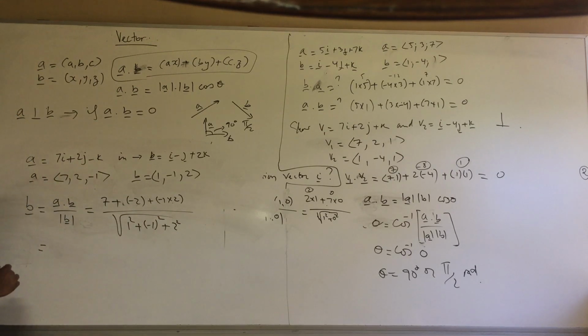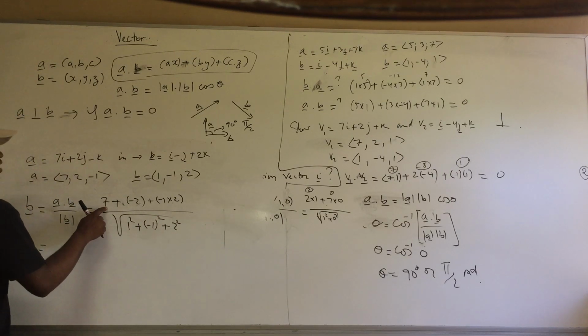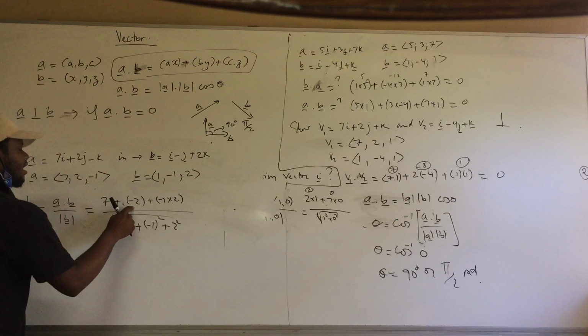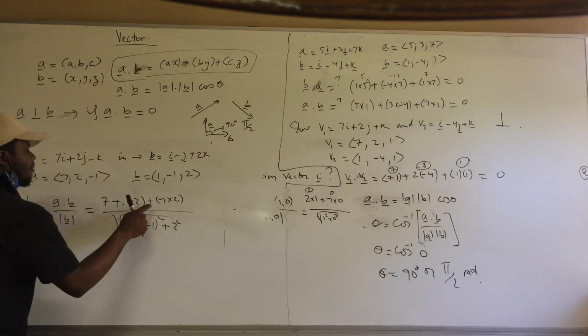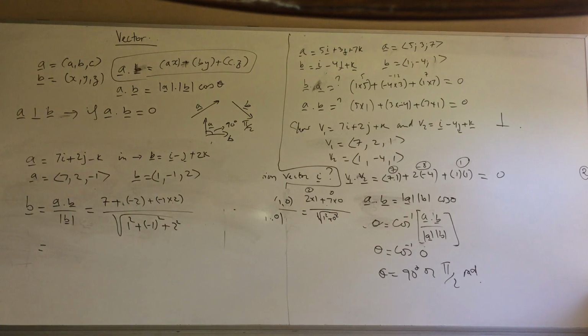So I'll end up having 7 minus 2 plus minus 2. Okay, double check this.